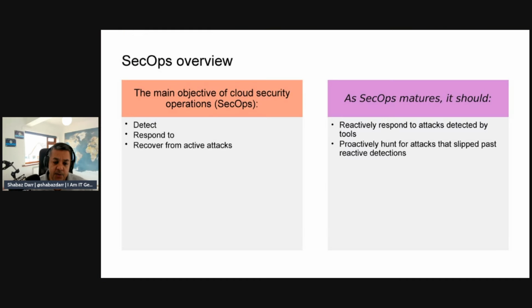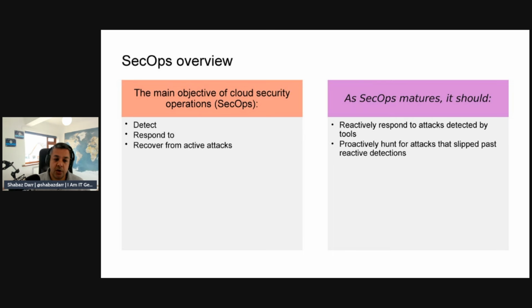Let's do a bit of an introduction to SecOps first of all. It's a bit of an overview. When we talk about the main objective of SecOps, it is essentially to detect, respond and recover from an attack or active attack. If you've done the SC-400 and SC-200 exam specifically, you'll know some of the services we're going to be talking about.